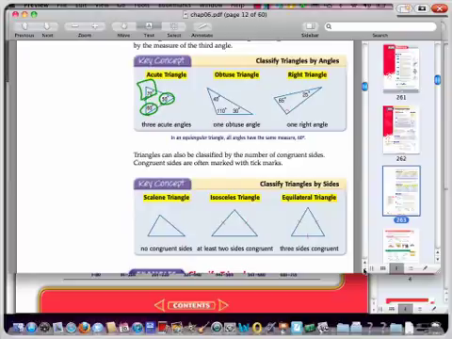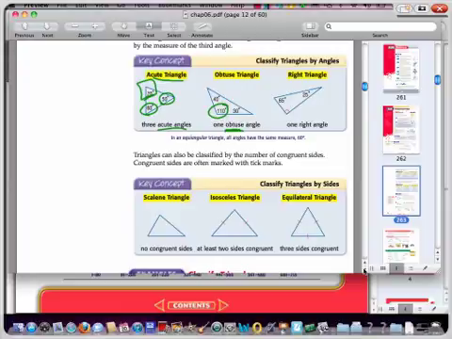If that angle is less than 90, then we call that an acute triangle. Once again, remember we talked about acute angles being less than 90 degrees, so an acute triangle is one that contains all angles less than 90 degrees, which would all be considered acute angles. If we have one angle that is greater than 90 degrees, that is known as an obtuse triangle.